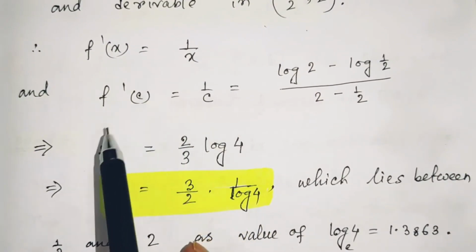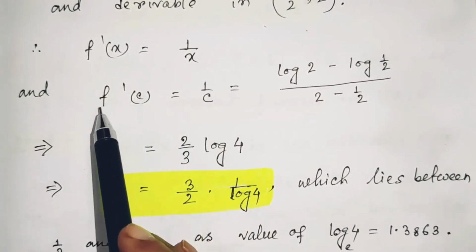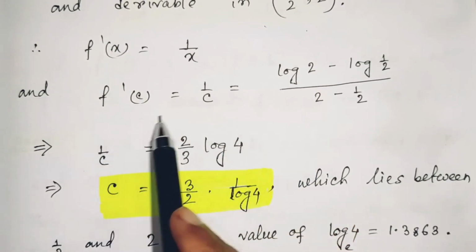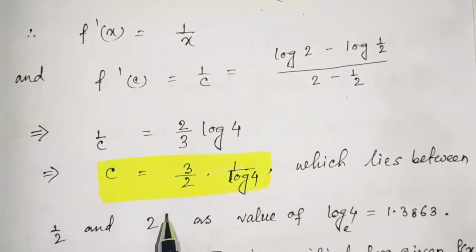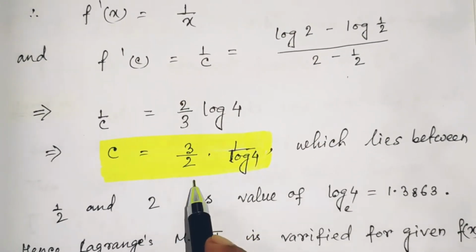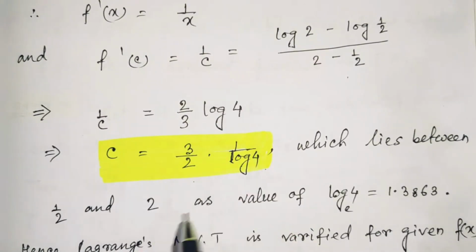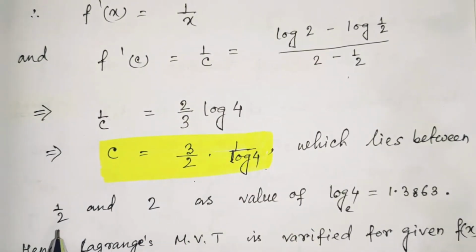Now if we take the Lagrange mean value theorem and substitute all those values, then we will find that the c value is 3/2 times 1 upon log 4. So this value definitely lies in between 1/2 and 2.